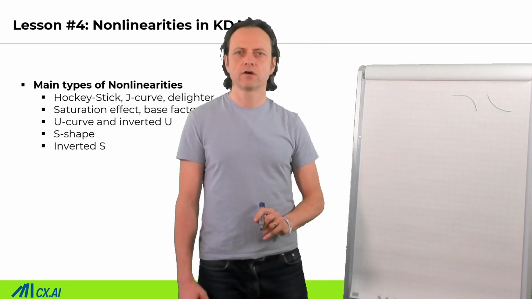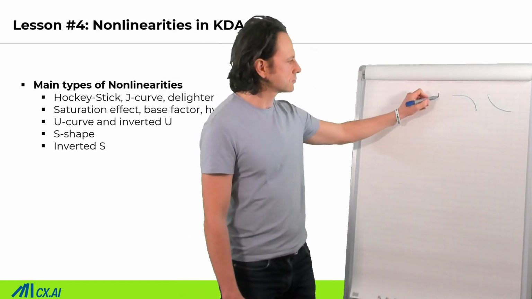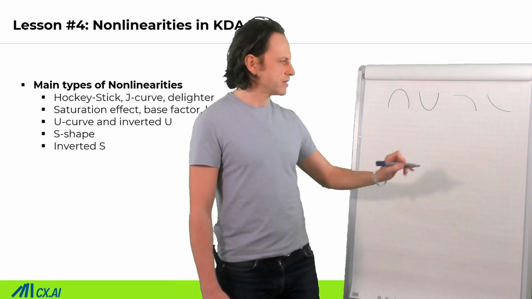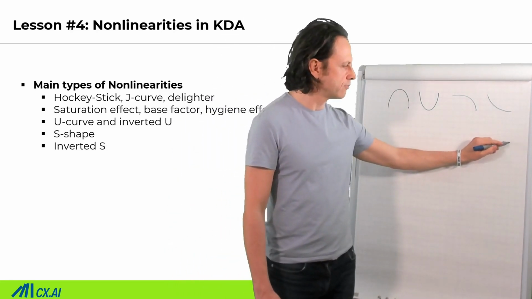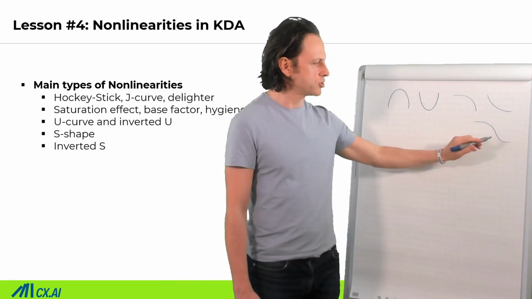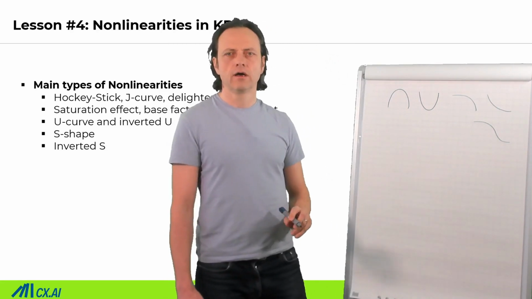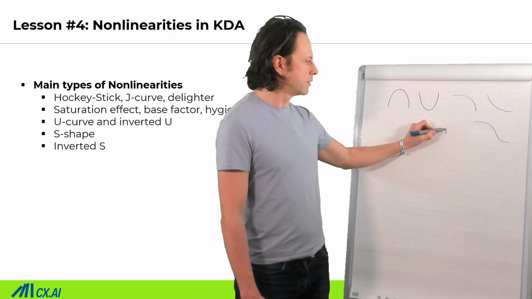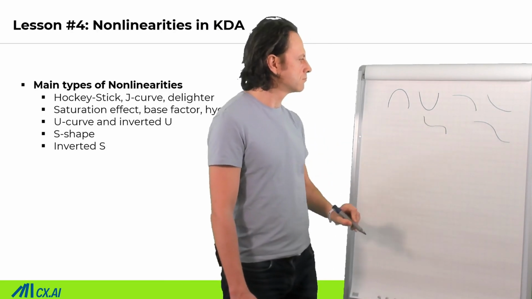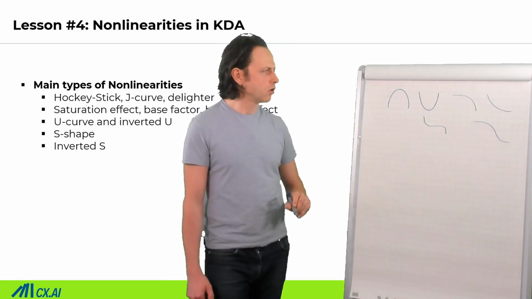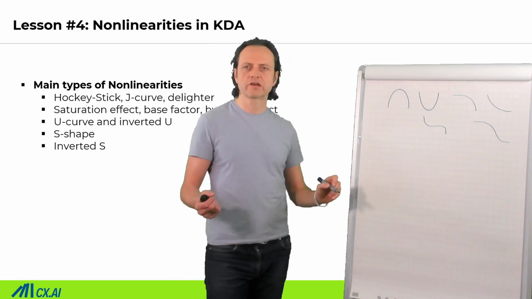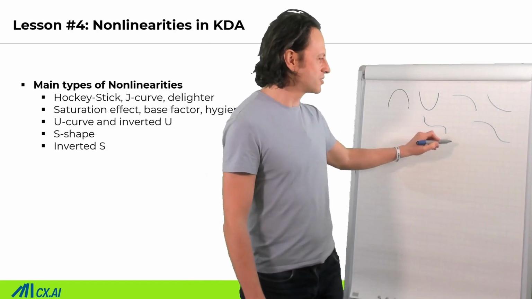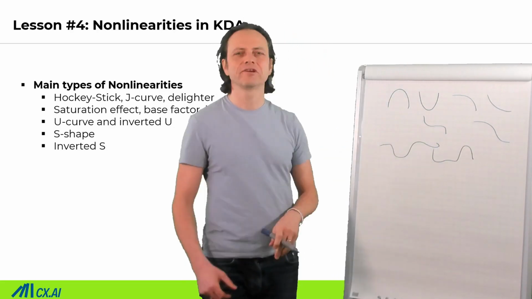Then we have a U shape, or an inverted U. There is an S curve, or threshold effect. And there is an inverted S, which is a plateau. All kinds of nonlinearities, and of course you can draw many more.